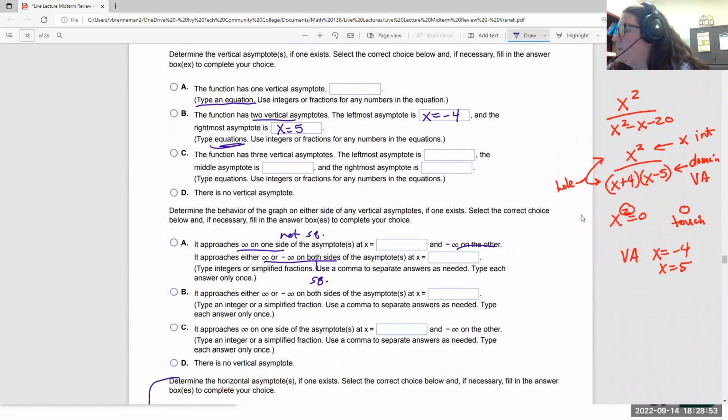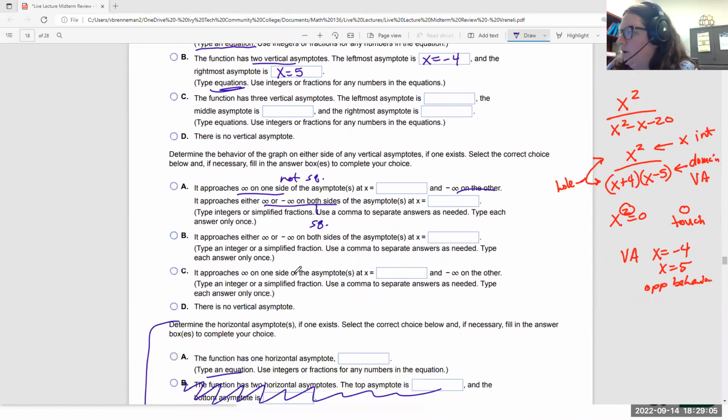And then the behavior, I look at these factors and neither of those factors were squared. So I'm just going to, for my own reference, describe this as opposite behavior. But in MATLAB, we're looking for, it goes infinity on one side, negative infinity on the other. I don't have any that do both, so I don't want any of the options that have the both sides.